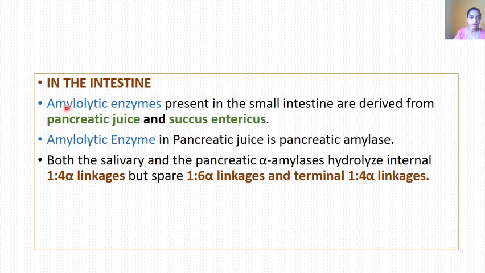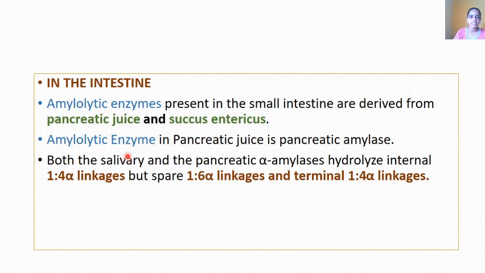Now, we are concentrating on carbohydrate. So, the amylolytic enzymes are derived both from pancreatic juice and succus entericus. The secretion of the intestine is called succus entericus. The amylolytic enzyme present in the pancreatic juice is called pancreatic amylase or amylopsin.